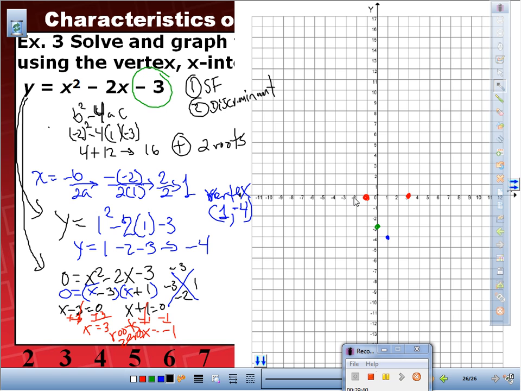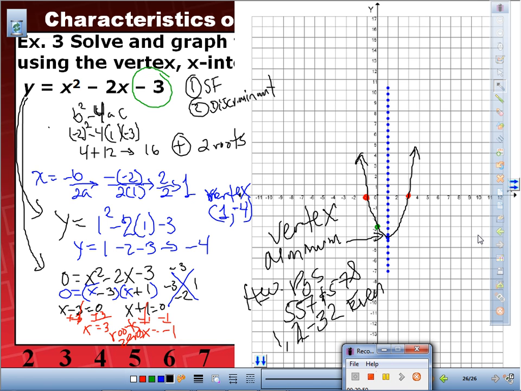And your parabola should look something like this. And our line of symmetry? Straight down the middle right here. Okay?